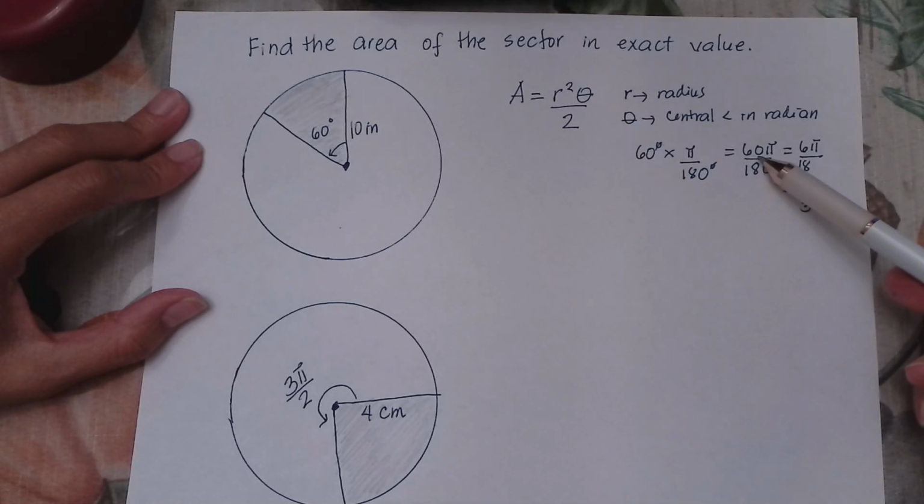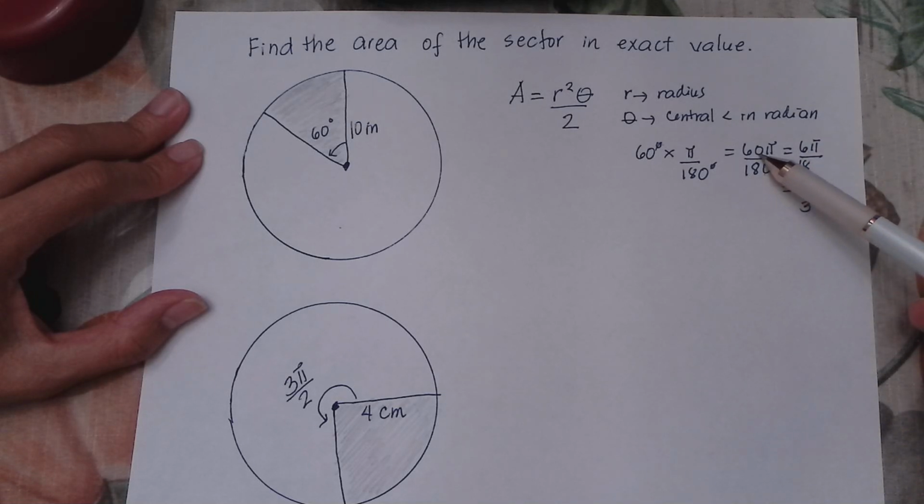If you found out here that the greatest common factor is 60, then you can just divide 60 by 60 and you have 1 times pi is pi. 180 divided by 60 is 3. But if you can't find it so quick, you can look at the ending number.